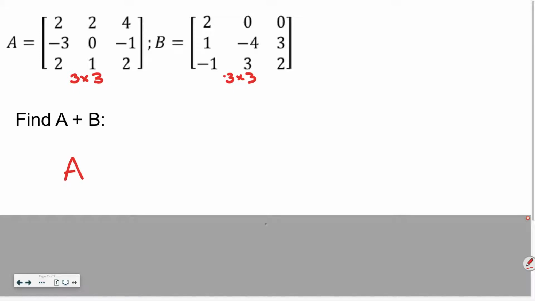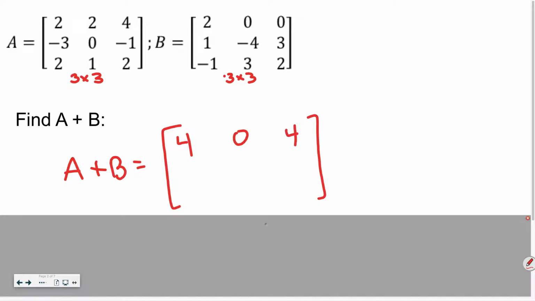So if we want to add A and B together, we're going to do so by adding corresponding entries. So let's focus one row at a time. So our first entry, we have 2 plus 2. Our next entry, we have 2 plus 0. And our third entry, 4 plus 0.